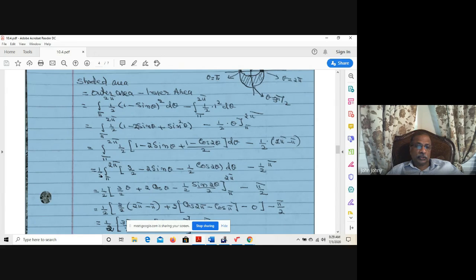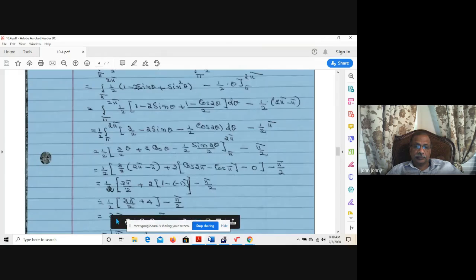Then that is equal to 1 half times the integral from pi to 2 pi, 1 half is pulled out, of 3 over 2, that is 1 plus 1 half, minus 2 sine theta, again minus 1 half times cos 2 theta d theta, minus 1 half pi.